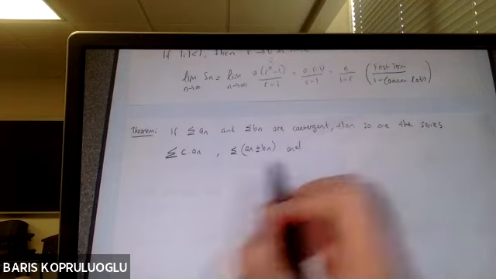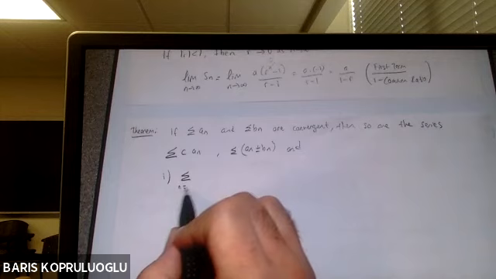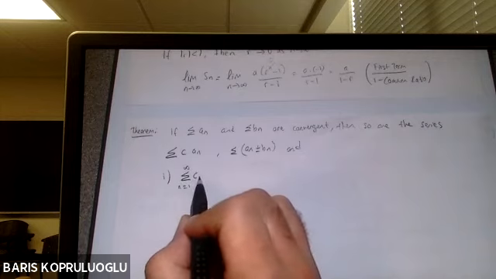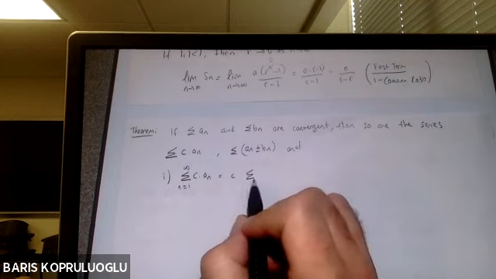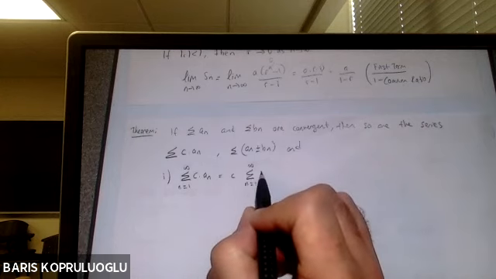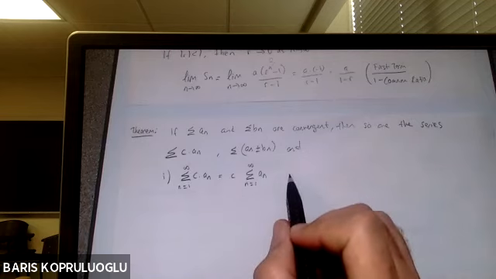And we can write the sum from 1 to infinity of c times an. So we can pull the constant out, and it can be rewritten as c times the series an.